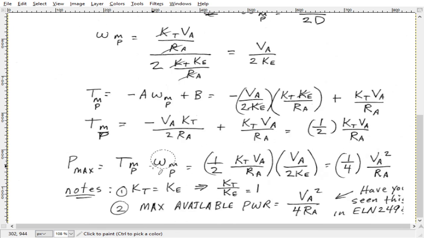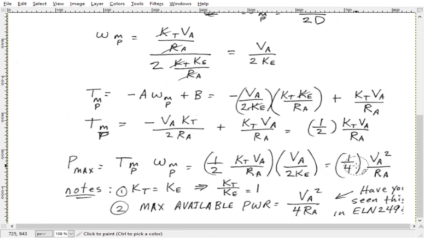If I look at the maximum power that's available from this motor, I multiply the torque at maximum power transfer by the speed at maximum power transfer, and I end up with this equation. Now, this is something you guys have seen before.